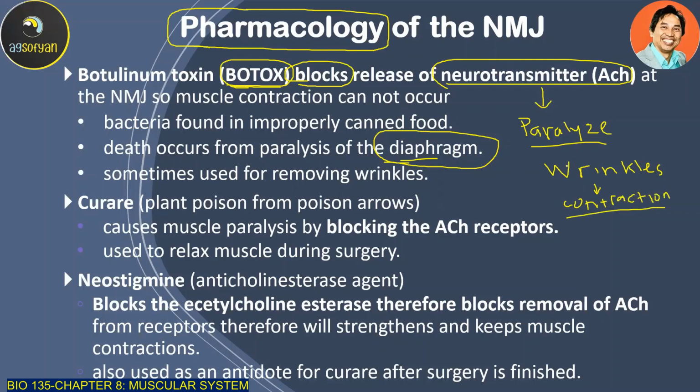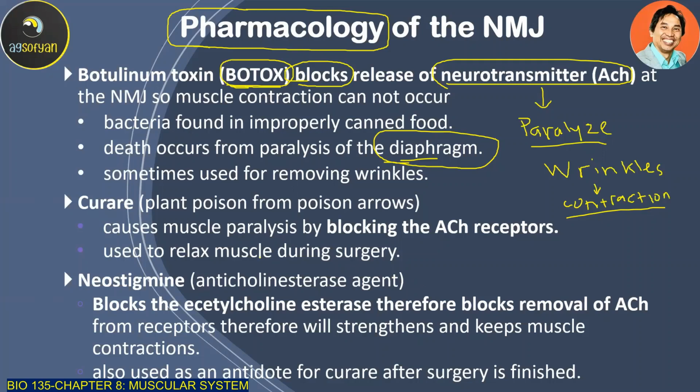It's actually paralyzed. So wrinkles are contraction, and they can be paralyzed by this Botox injection. So it is used in several medical fields, for removing wrinkles or maybe during surgery in order to paralyze the muscle.